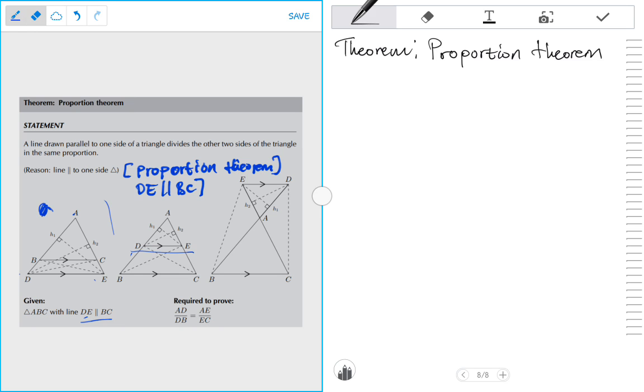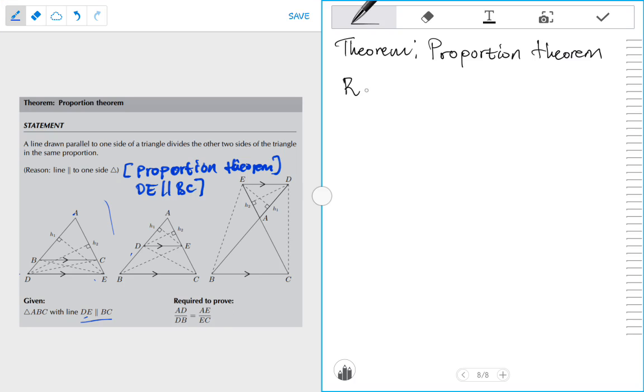If DE and BC are parallel, then we are required to prove that these two are equal. We are required to prove that AD over DB is equal to AE over EC, or it can also be AD multiplied by EC is equal to DB multiplied by AE.